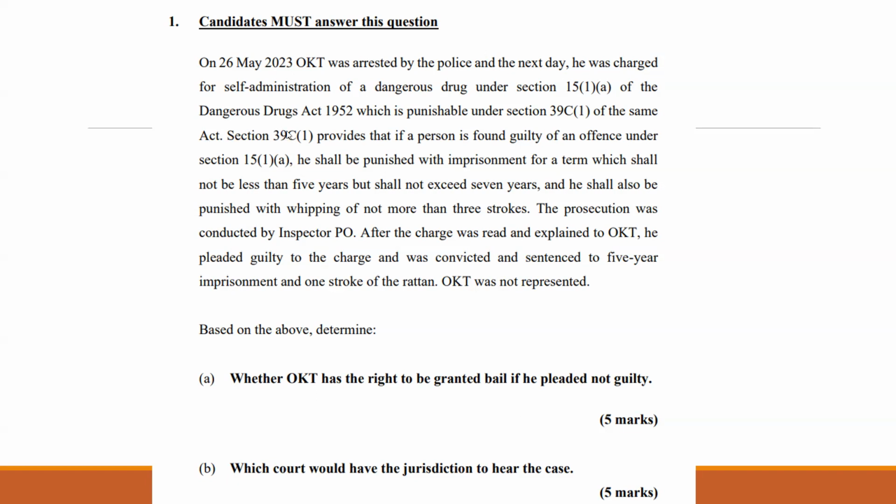So Section 39C Subrule 1 provides that if a person is found guilty of an offence under Section 15 Subrule 1 Subrule A, he shall be punished with imprisonment for a term which shall not be less than 5 years, but not exceed 7 years. So please highlight here, 5 to 7 years.